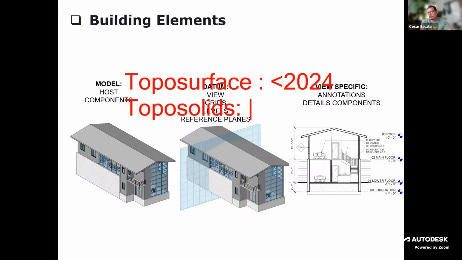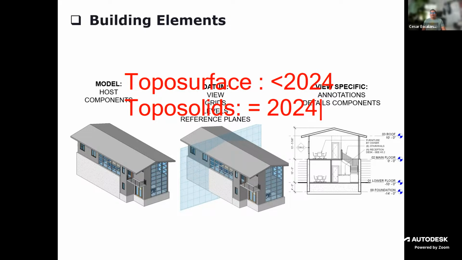But we enabled them to live together because we realized that in the process of upgrading, we did not want our customers to lose information. So in Revit 2024, we support a new type of element called Topo Solids, and we keep the existence of topo surfaces, but you can no longer create them.